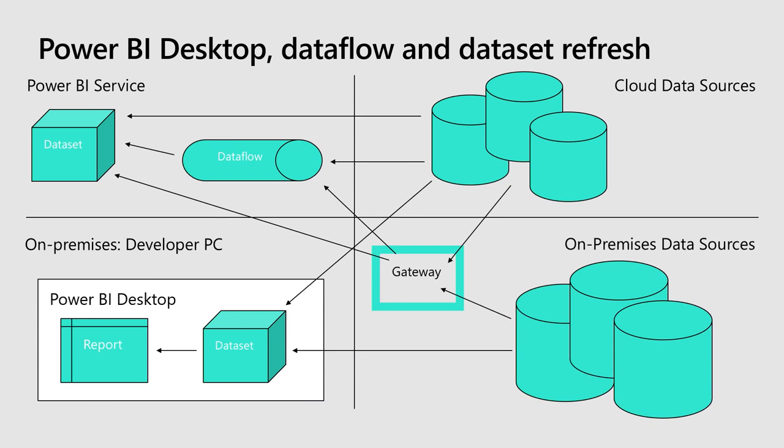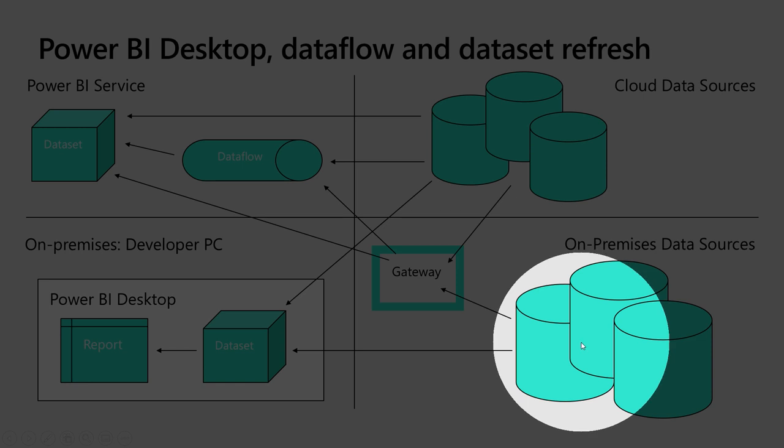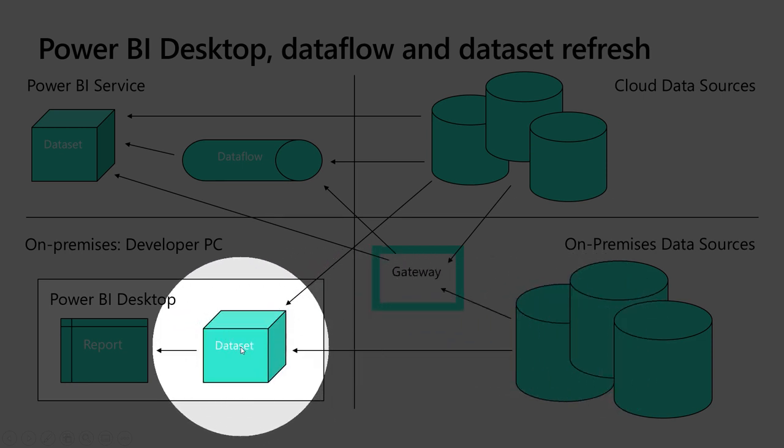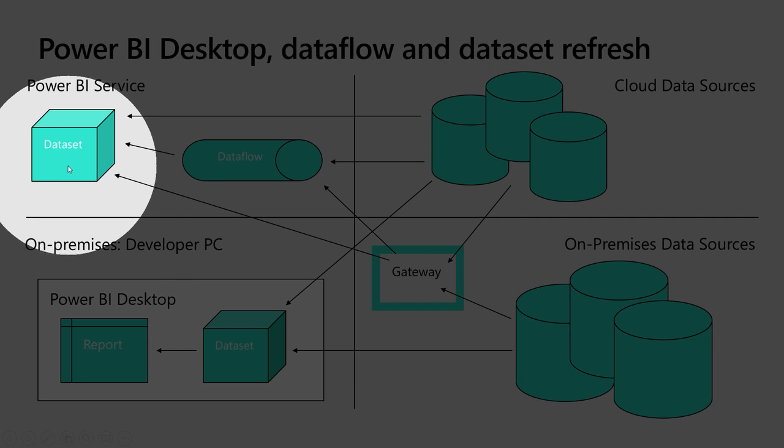I know that's not always going to be the case, but let's start with that. And let's say that we're connecting to an on-premises data source. So we could have data going from the on-premises data source directly into there. We then publish that up to the service, and we've got a dataset sitting in the Power BI service.